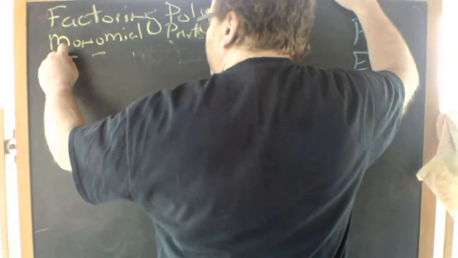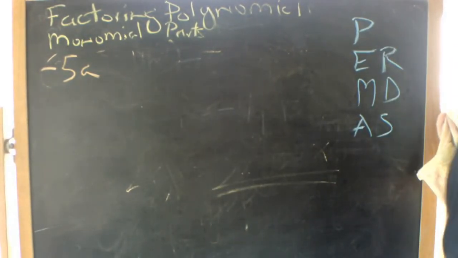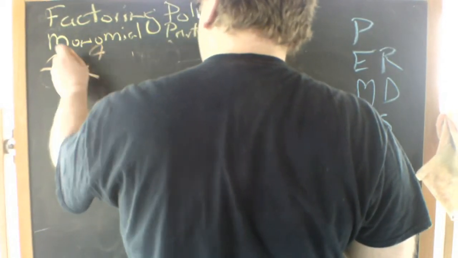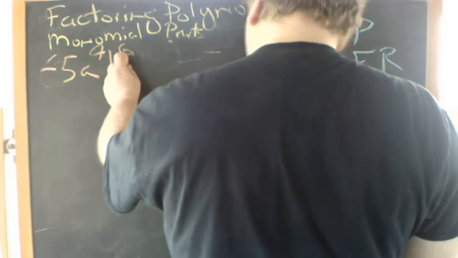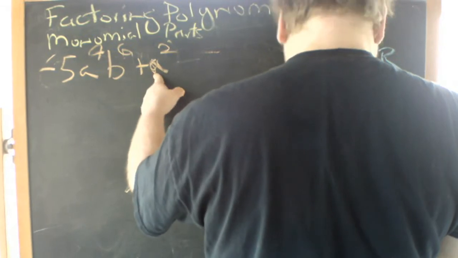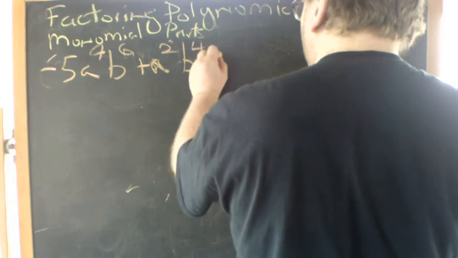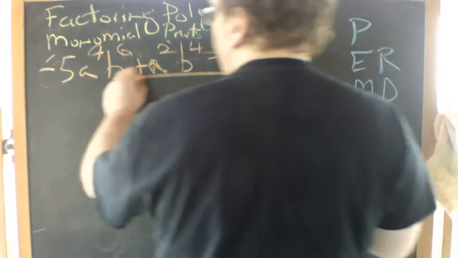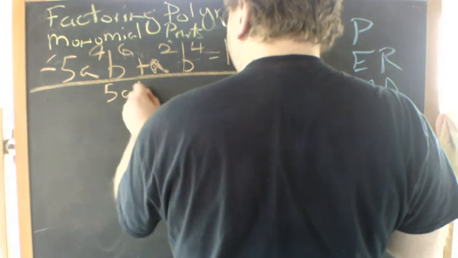Negative 5a to the 7th, b to the 6th, plus a squared, that is an a, trust me on it, b to the 4th, minus 15ab cubed, all divided by 5ab cubed.